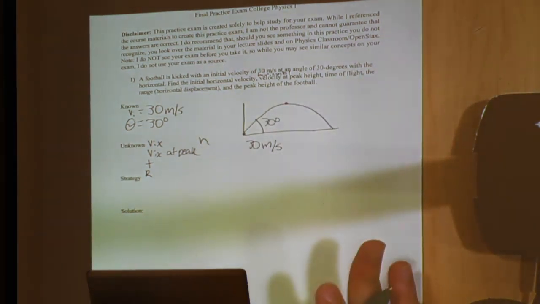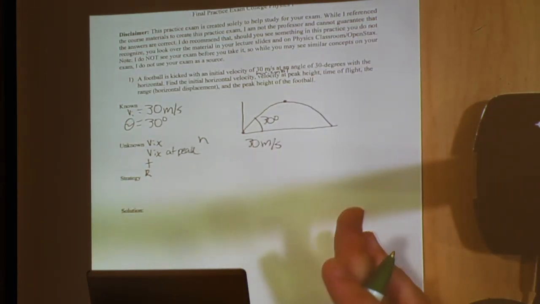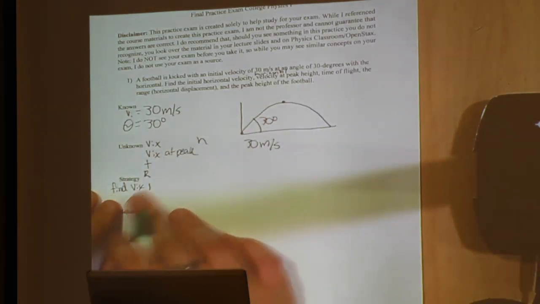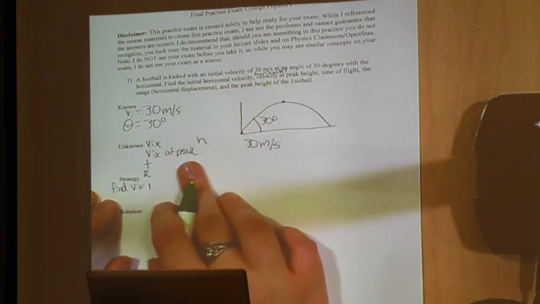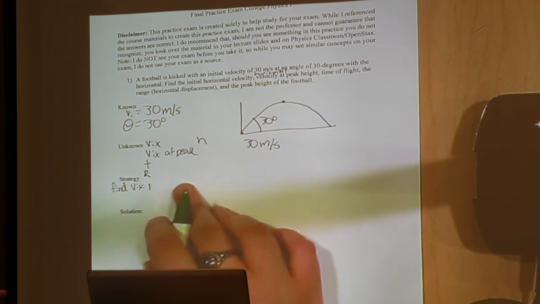First bit of strategy, I guess. The first part is just to find the horizontal velocity, so that should be pretty straightforward. So find VIX. We are going to use the information from this first part to find the velocity at the peak height.